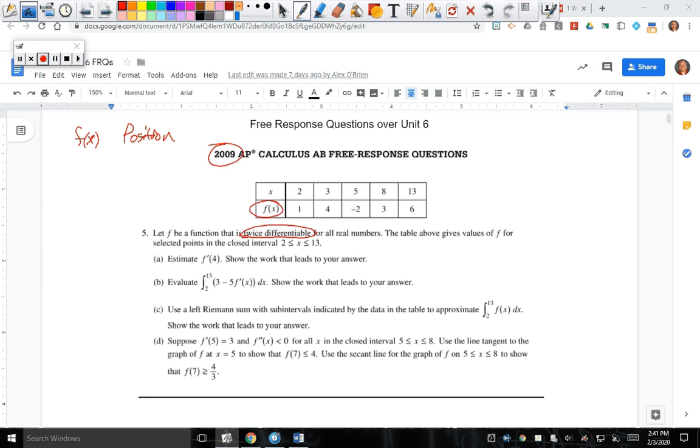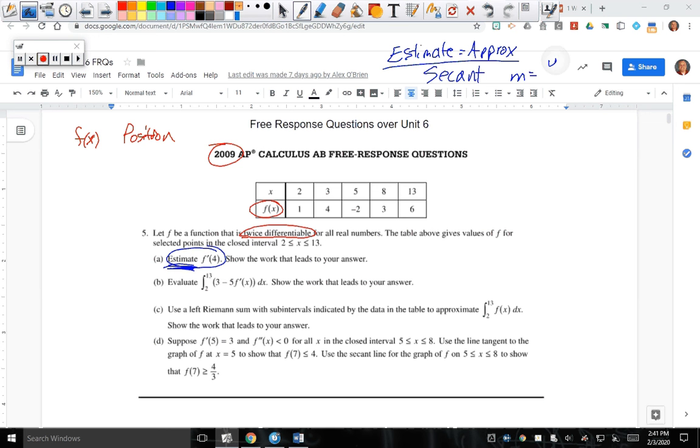Okay? The table above gives values of f for the selected points at the closed interval 2 to 13. What we're going to do now is we're going to estimate what is f prime at 4. And this right here is a big key word, because estimate, or estimate is the same as approximation, okay, which is the secant.